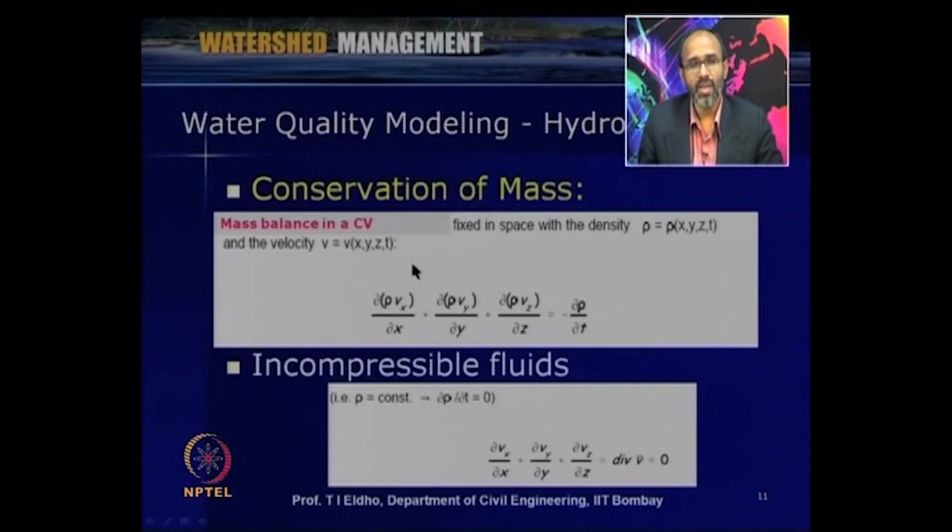So, this we can derive when we consider the time variation and the density variation. If we consider water as an incompressible fluid, then this equation converts to the continuity equation like this, where del Vx by del x plus del Vy by del y plus del Vz by del z is equal to 0. So, that way we can derive the continuity equation based upon the conservation of mass.